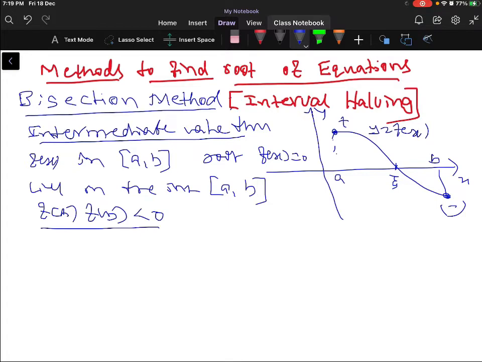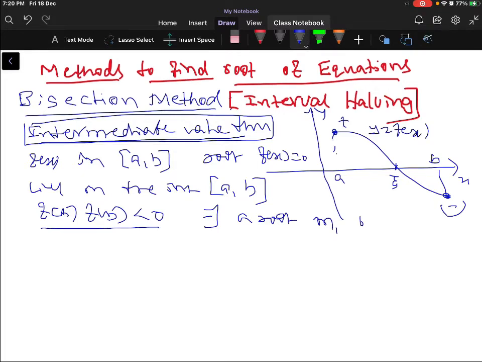So if f of a into f of b is negative, the intermediate value theorem says that there exists a root, let us call m1, in ab. Let us write either open interval or closed interval. So suppose there exists an approximate root m1 in the interval ab.